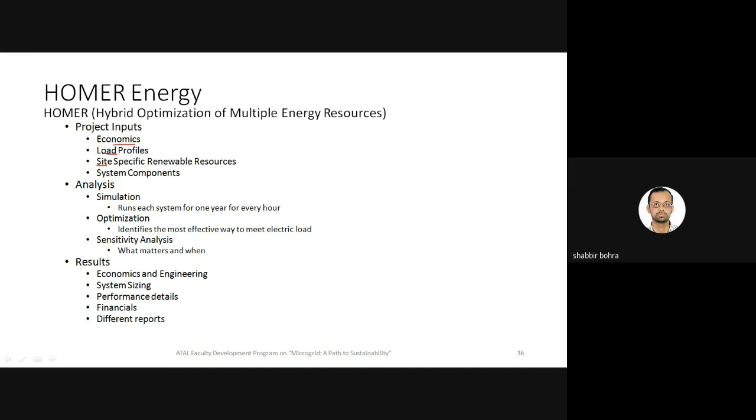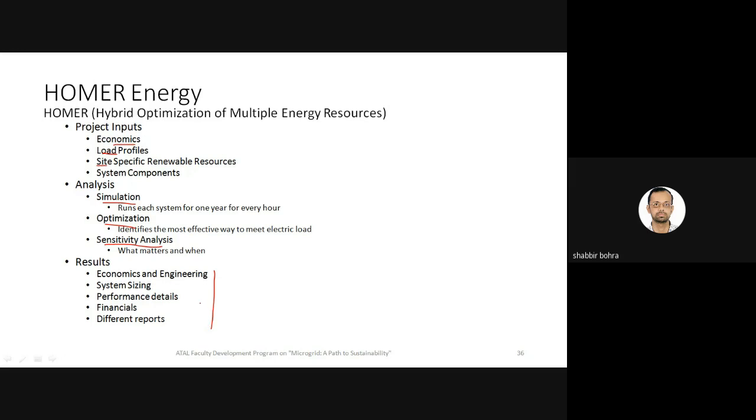Analysis is carried out in three ways. One is the simulation that runs each system for 1 year for every hour, then optimization and sensitivity analysis. We'll look into this in a little more detail. The results generated by the HOMER software are economics and engineering, system sizing, performance details, financial, and different reports.